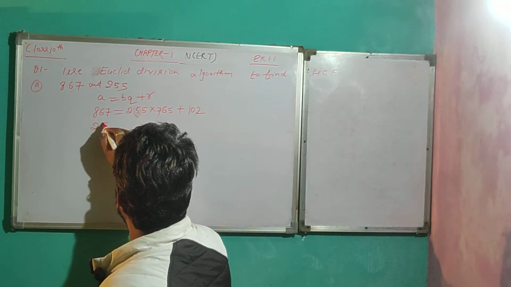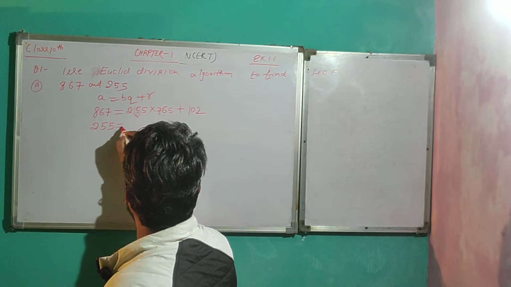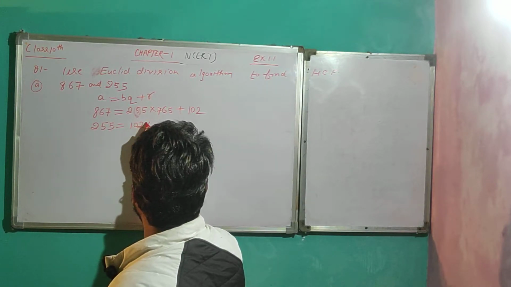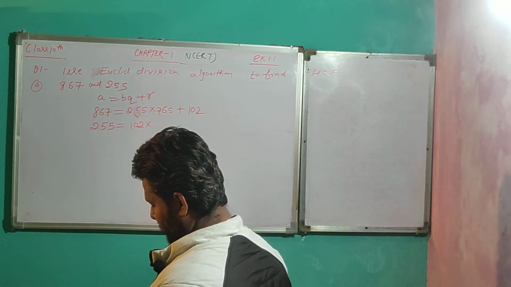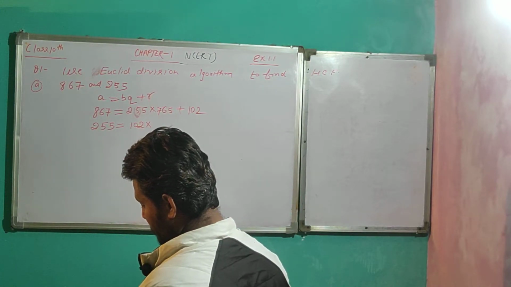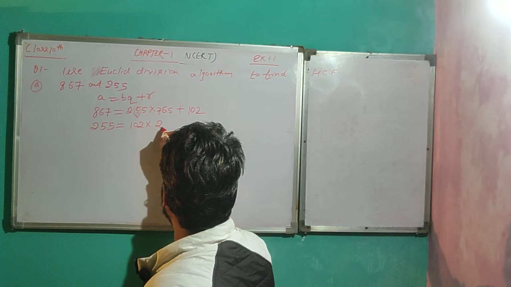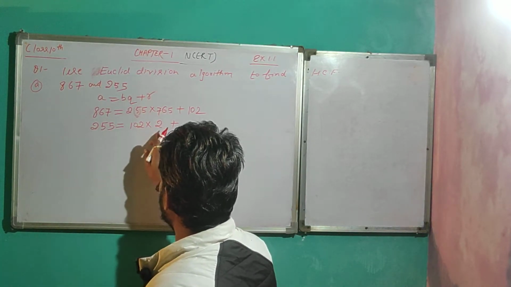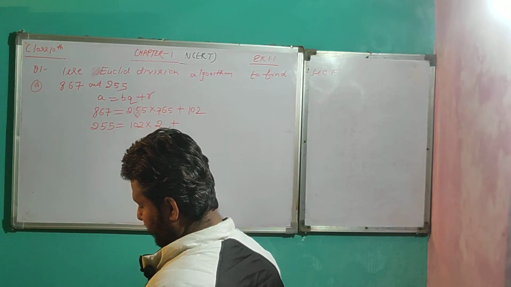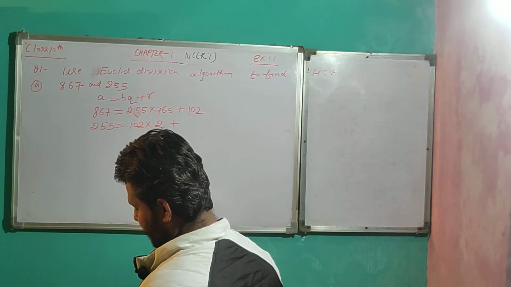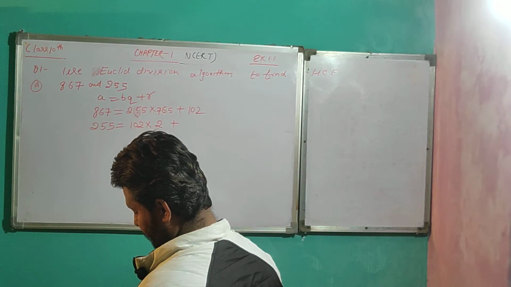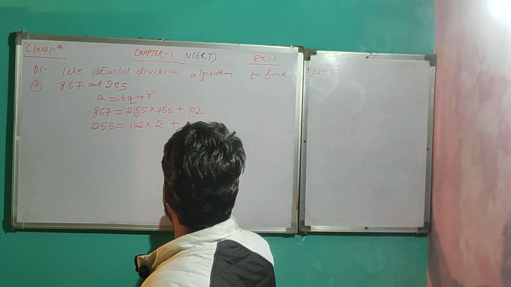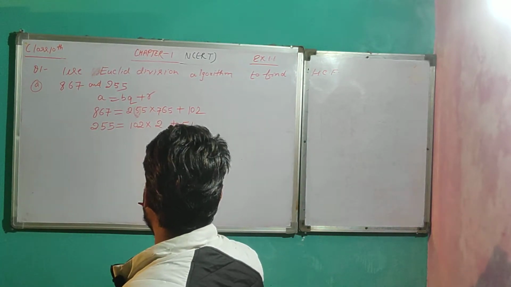Okay, now 255 is equal to 102 into 2, 204, plus R. Subtracting 204 from 255, we get 51, remainder 51.